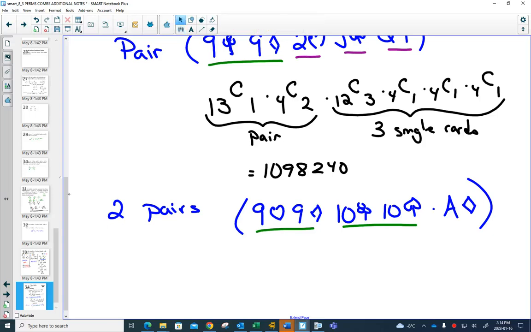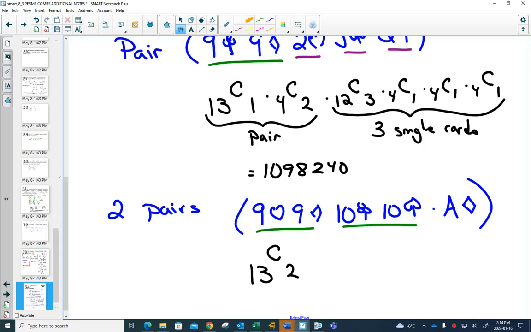So when I'm counting 2 pairs, first of all, of the 13 kinds, I need to choose which 2. And the reason they're chosen at the same time is if you choose them separately, then a pair of 9s and a pair of 10s is different than a pair of 10s and a pair of 9s. You're like, no, that's the same. So we choose them at the same time so we don't accidentally overcount and create order when there shouldn't be order in a combinations question.